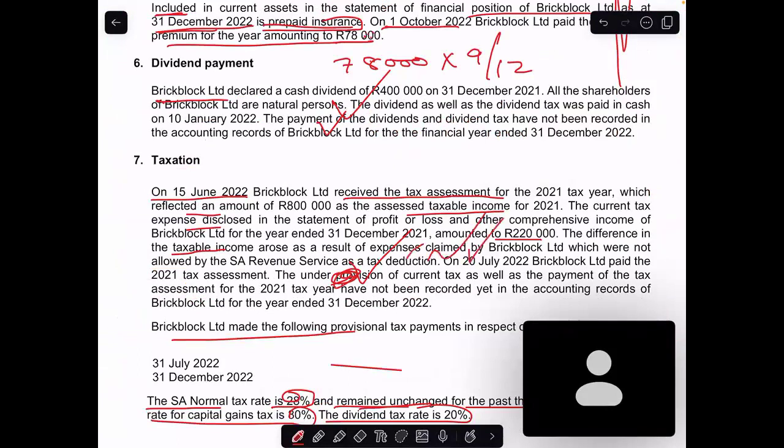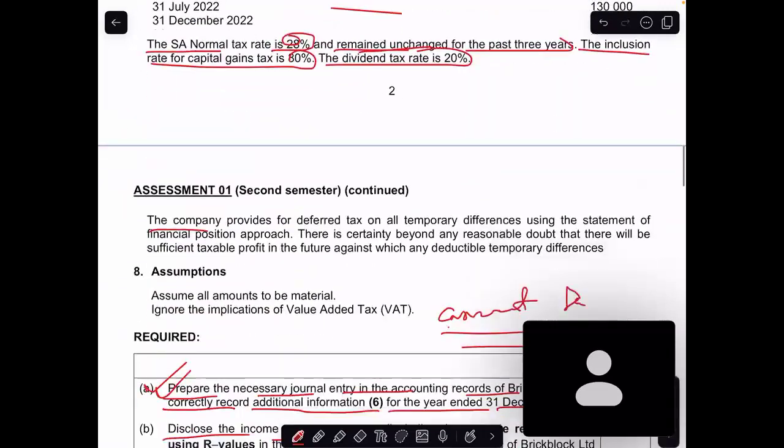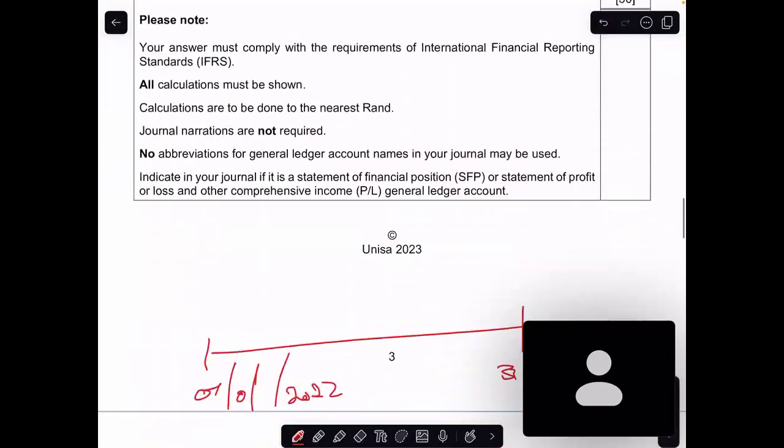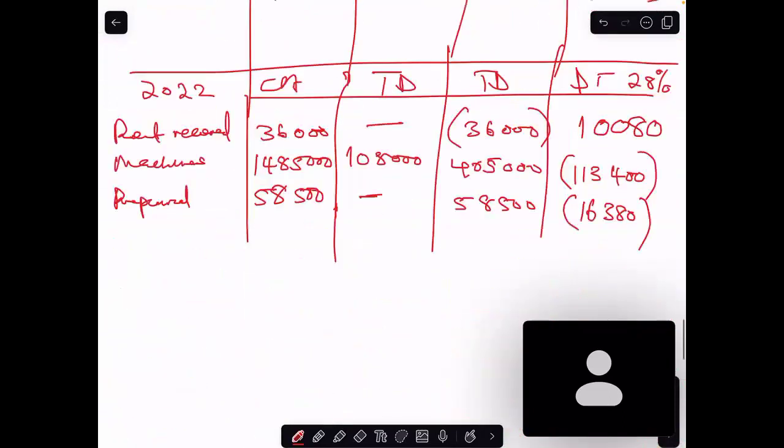If you have an assessed loss in the taxation note, you have to look for it. In this case, we do not have an assessed loss. If we had, we would take it to the calculation of deferred tax. So there's no assessed loss. Right, so we're done. Let's close now.